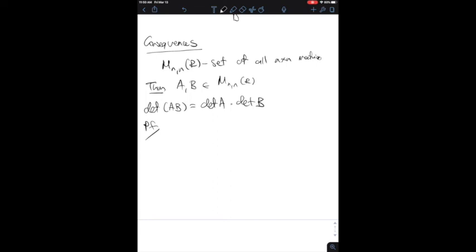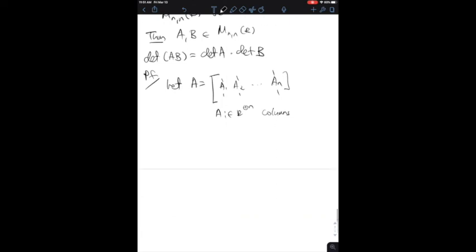Okay, so to prove this, let me write my matrix A out in terms of the columns. And let me write B out in terms of all the entries.